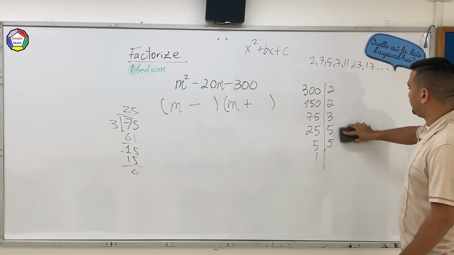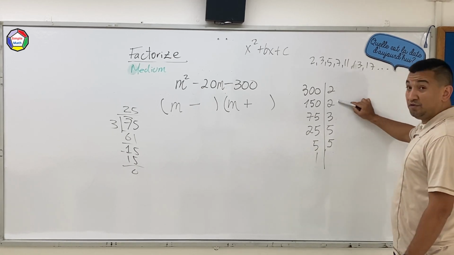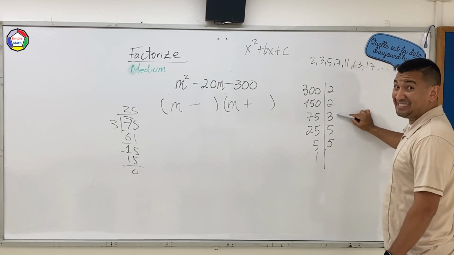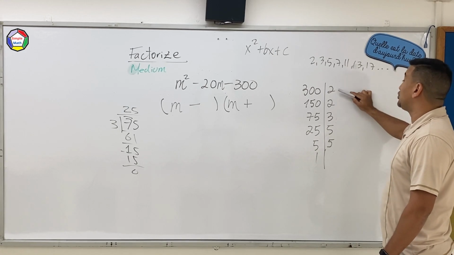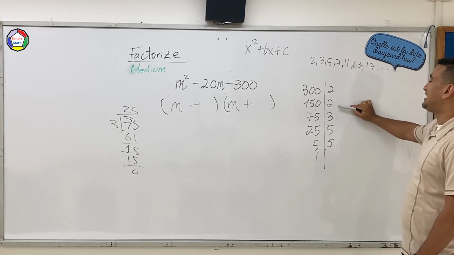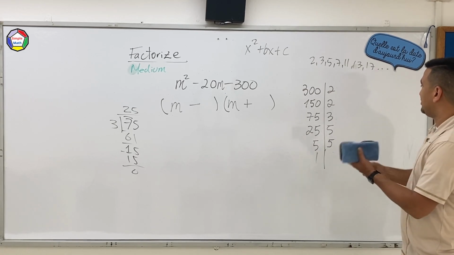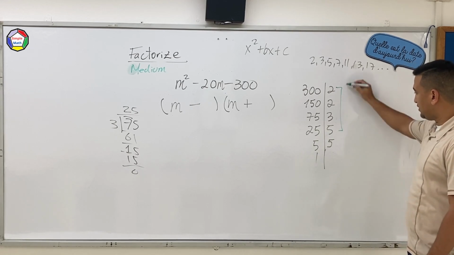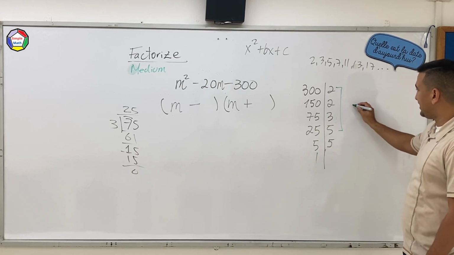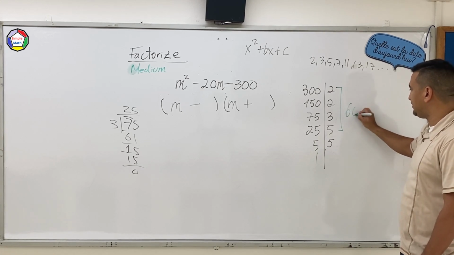So I can do another combination. 2 times 2 is 4, 4 times 3 is 12, 12 times 5 is 60. The answer of this is 60.